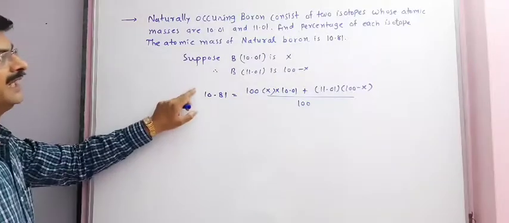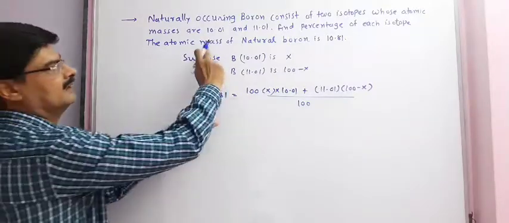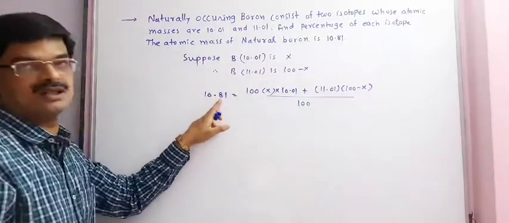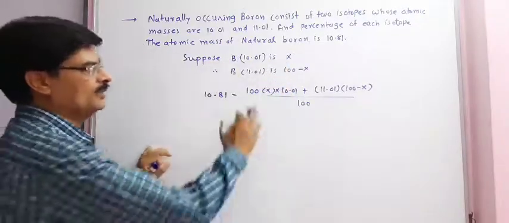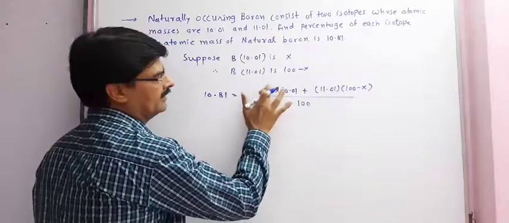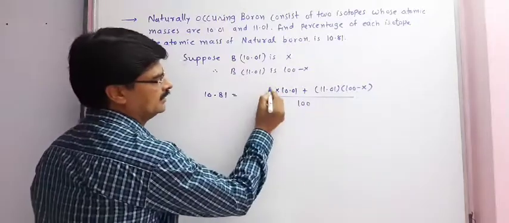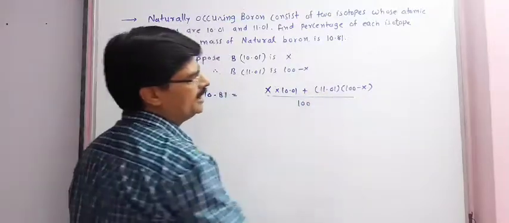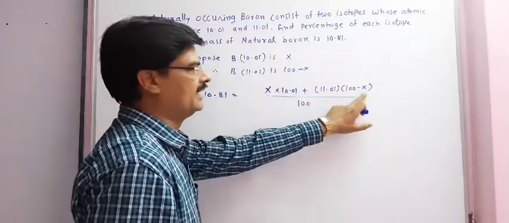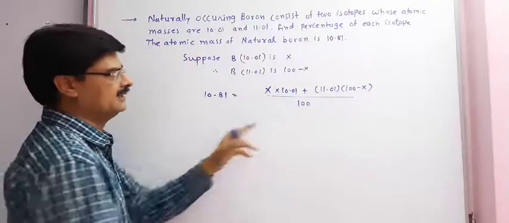Once more, 10.81 is the atomic mass of natural boron and X is multiplied only with 10.01.